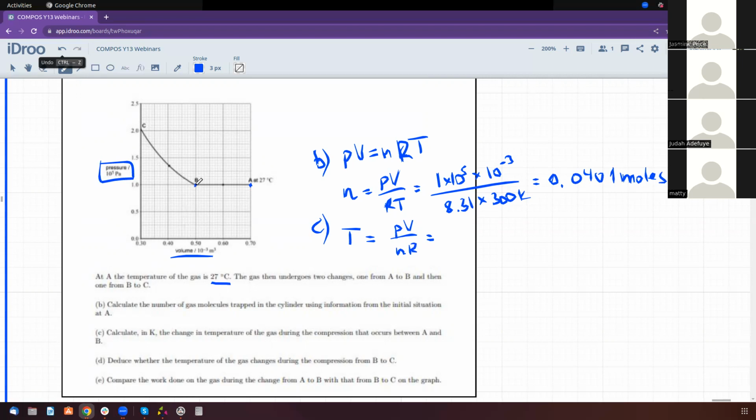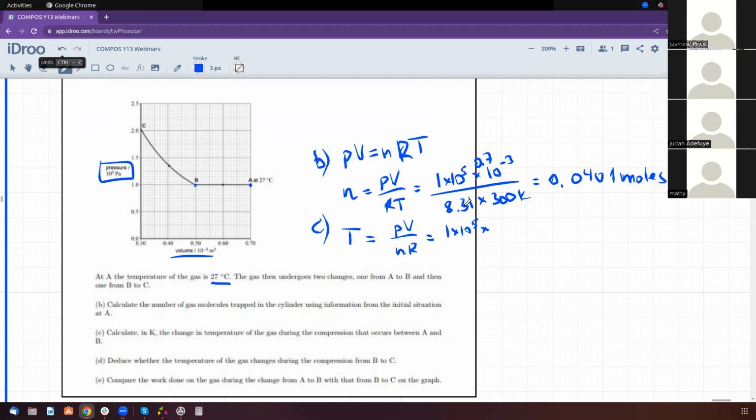So pressure is still the same. It's 1 times 10 to the 5. The volume has decreased. Sorry, this is 0.7. So I've made a mistake.